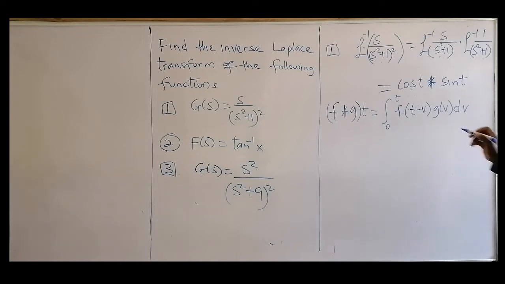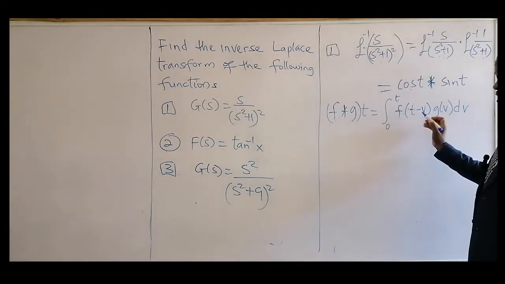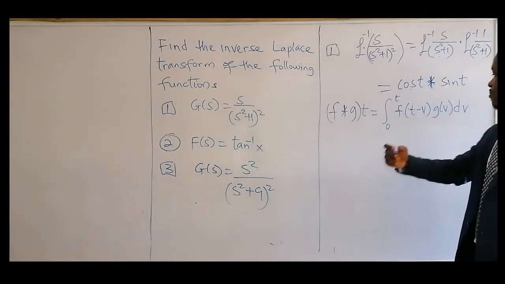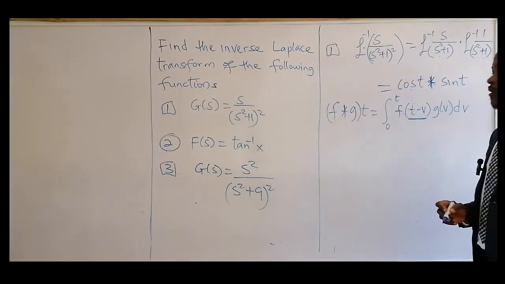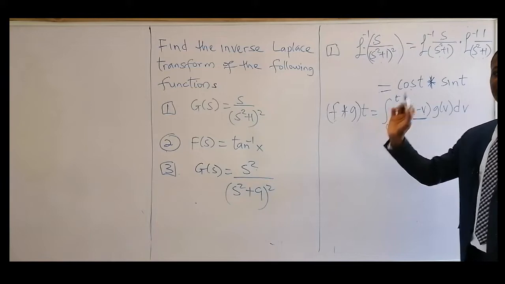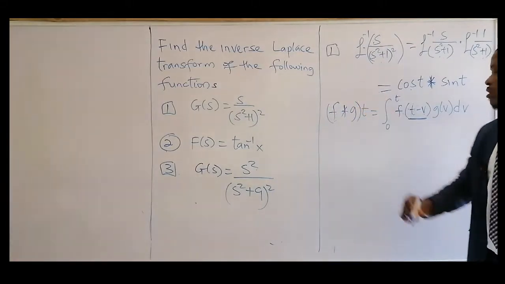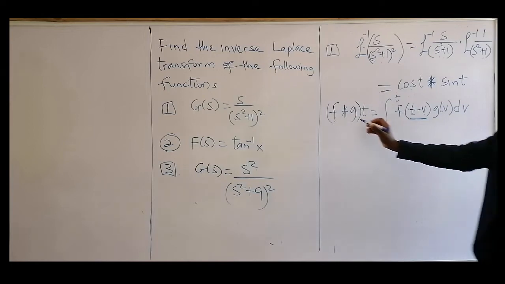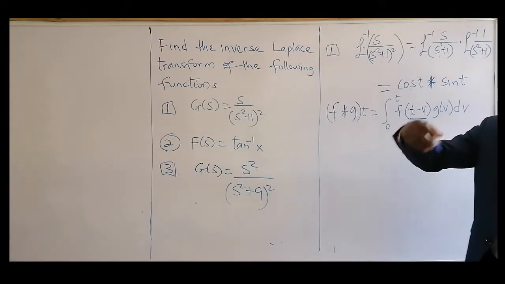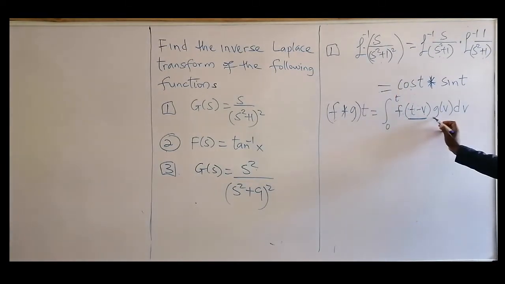What this t minus v is telling us is this: wherever you see your function f, just plug in t minus v. And then for the second function, wherever you see it, put v there. So the second function must be a function of v. So let's go straight to the work.